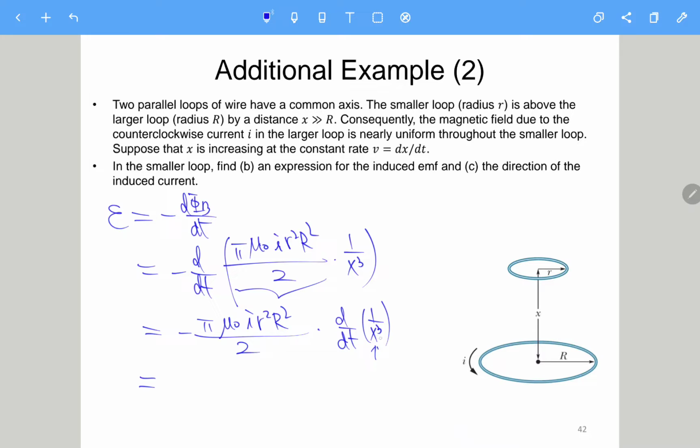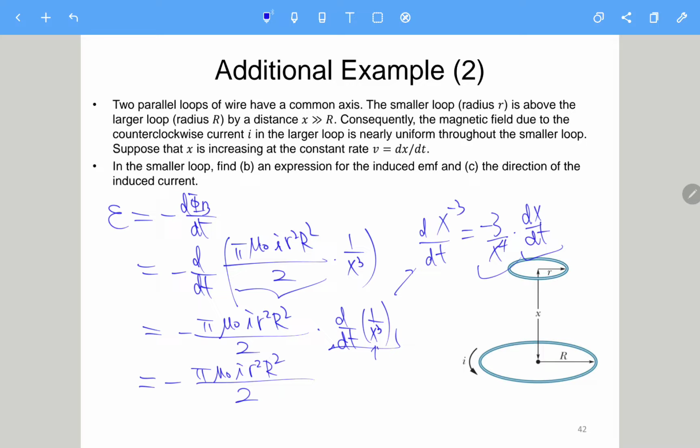Actually, it should be negative pi mu 0 I r squared capital R squared over 2, and then d dt of x to the negative third power. So it should be negative 3 over x to the fourth power times dx dt. This is the chain rule.